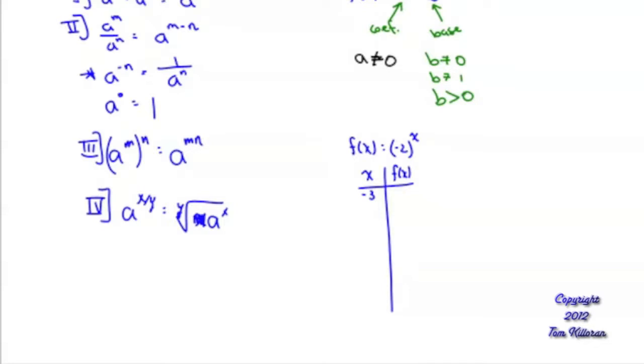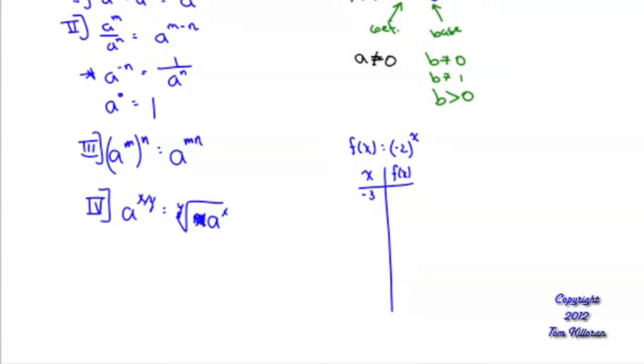Then you come back over here to this little starred rule. Negative 2 raised to the negative 3 is the same thing as 1 over negative 2 to the positive 3. What's 1 over negative 2 raised to the third? It's going to be negative in the denominator. Make it easier: 1 over 2 cubed is 1/8, so negative 1/8.